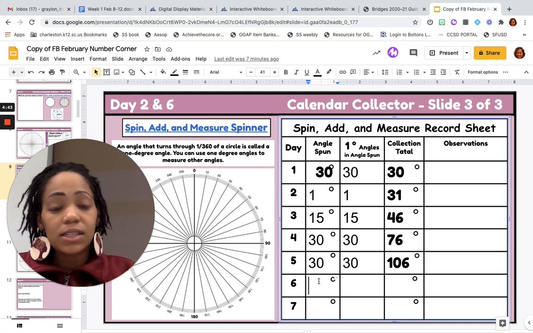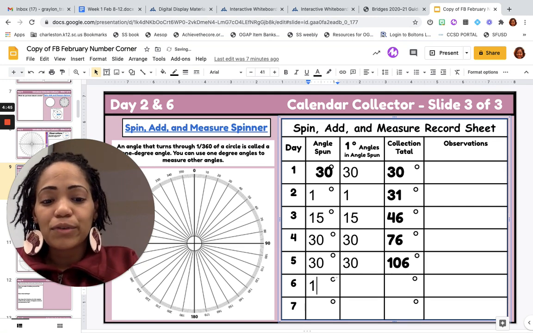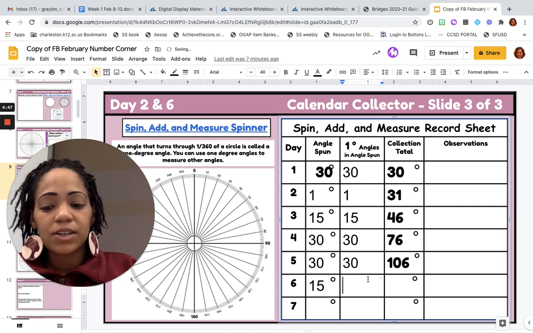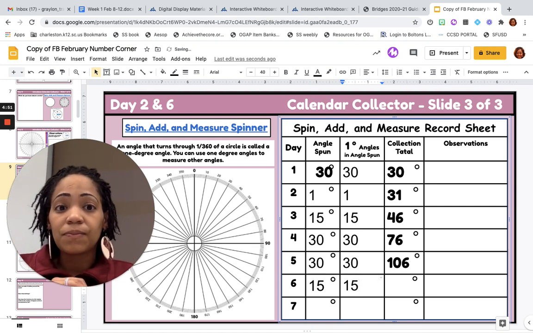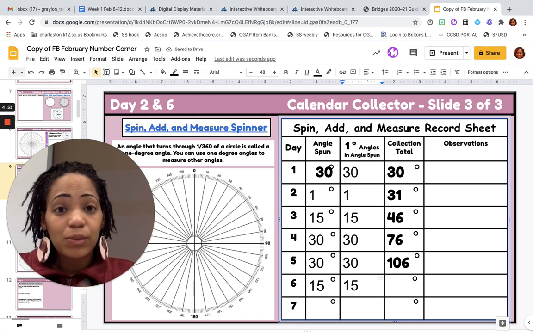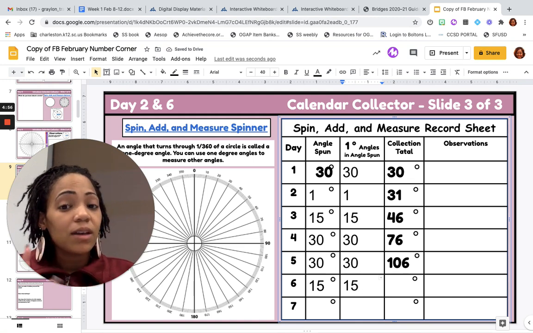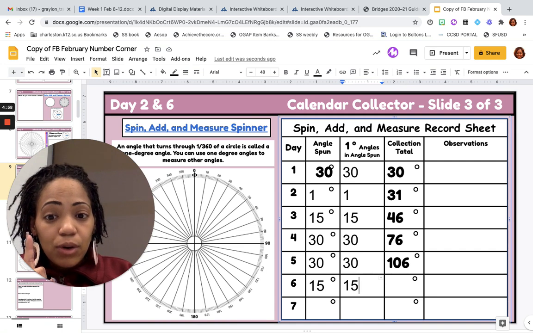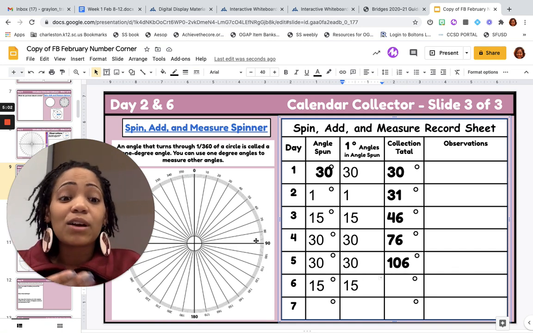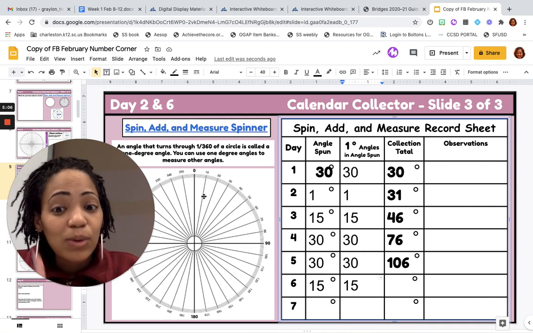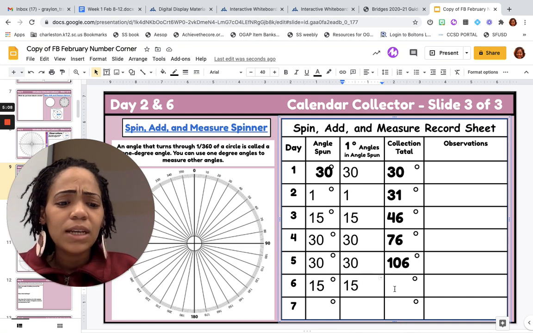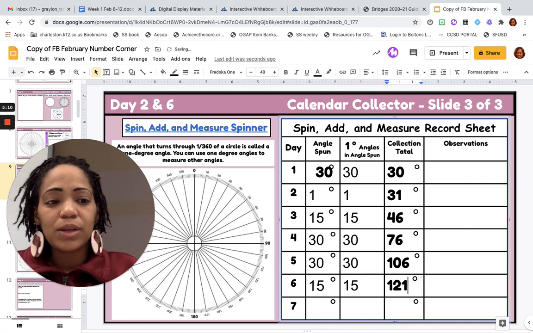Today is the 6th day of number corner for January, and we spun 15 degrees, which means that is 15 1-degree angles. Okay? Now understand what 1-degree angles means, right? When we go around our circle, all these little tiny tick marks in between our 10s represent our 1s. So when we spin 15, we have to count 15 of those little tick marks. And now we have 121 degrees.